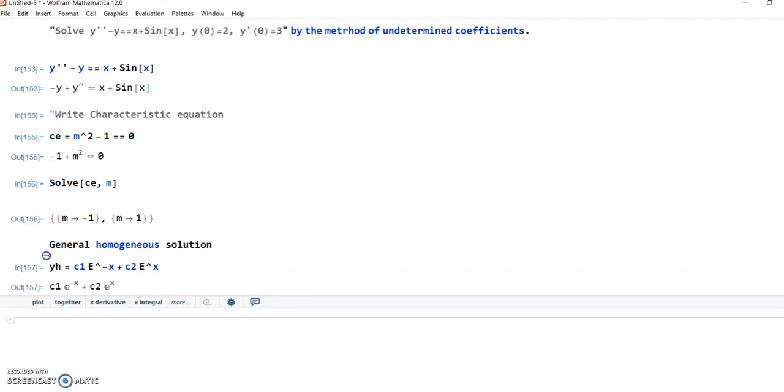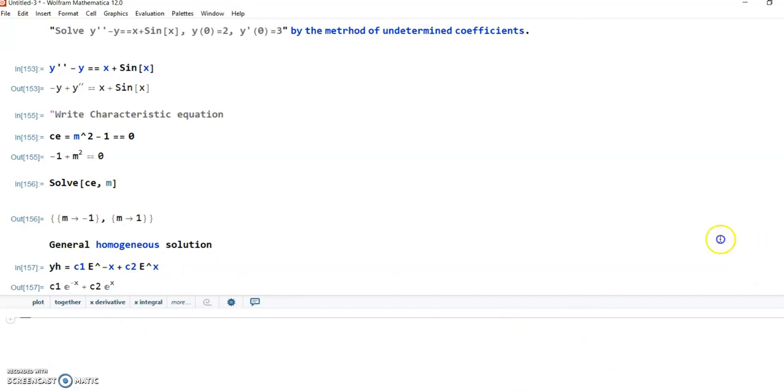In this case, I am using a capital E for the exponential function. You can also use Exp and then bracket, but this is also a short format. So use capital E, don't use the small e. Mathematica will not recognize small e here. And now this is the general homogeneous solution.